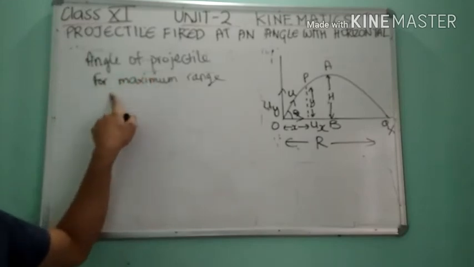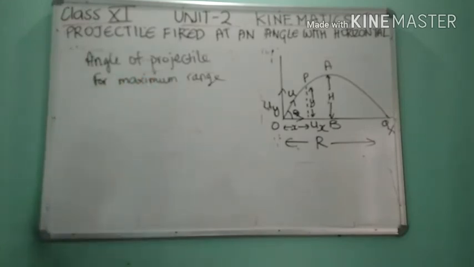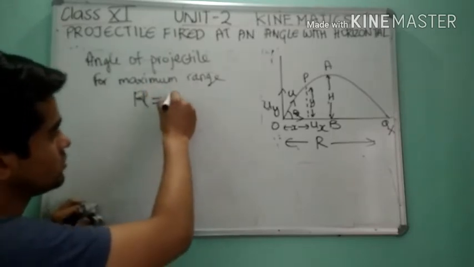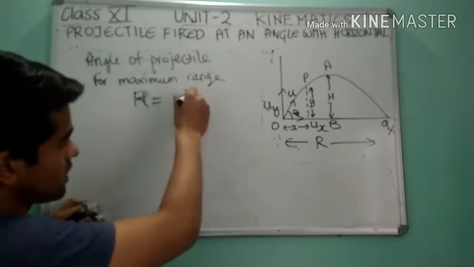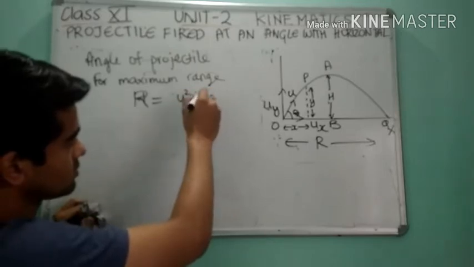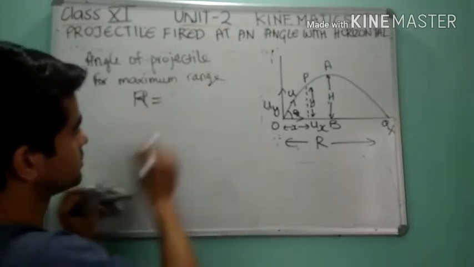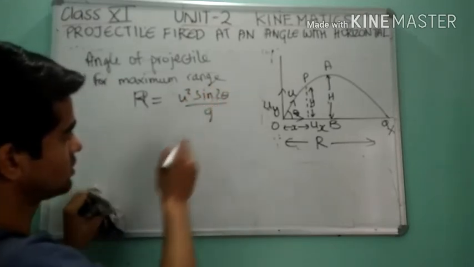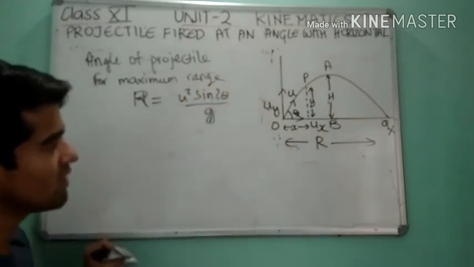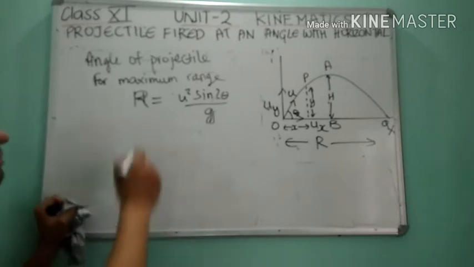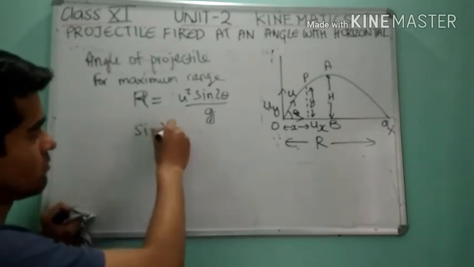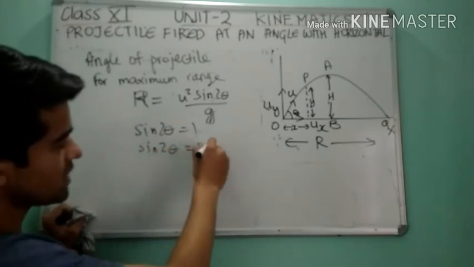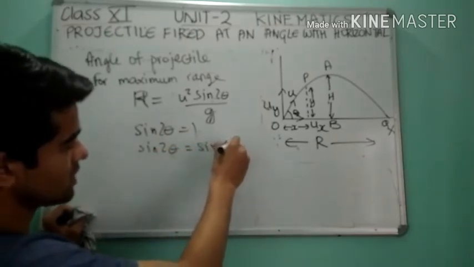Angle of projectile for maximum range: we know the expression for range, R is equal to u square sine 2 theta upon g. The value of sine 2 theta is maximum when it is 1, and 1 is sine 90.